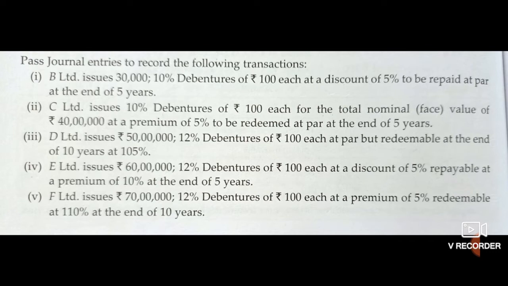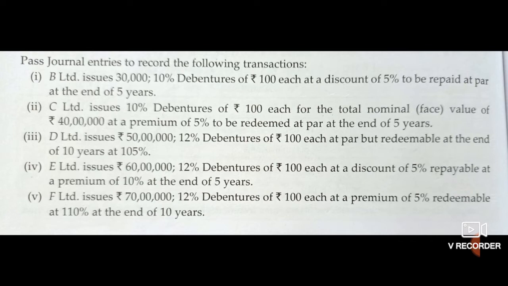It means B Limited issued 30,000 debentures of ₹100 each at a discount of 5%, means at ₹95. 5% discount म्हणजे 100वर 5% म्हणजे ₹5 at discount. So after deducting ₹5, the amount will be 95. So debentures of ₹100 each issued at ₹95 to be repaid at par, and they are repayable at par, that is redeemable at par after 5 years.